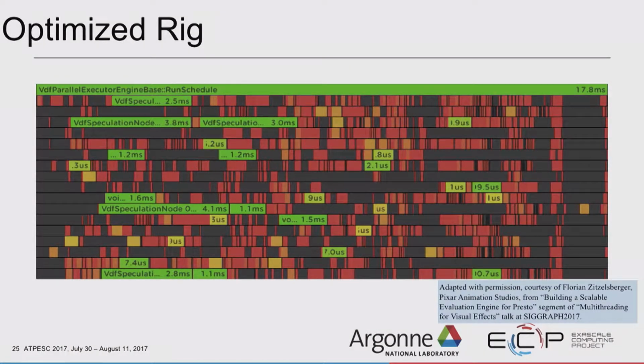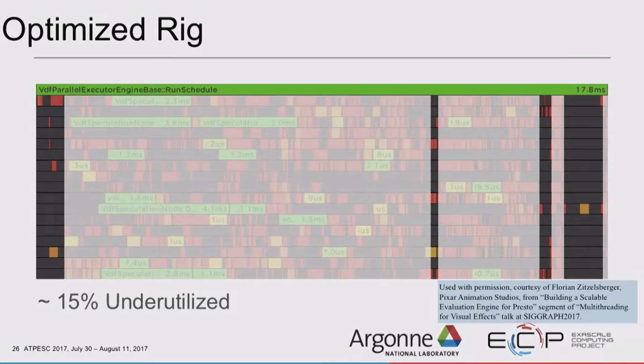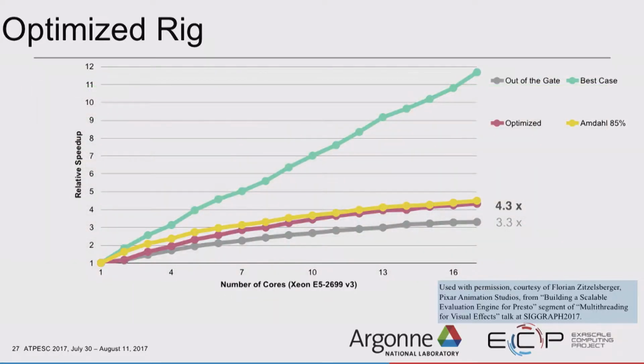After a little bit more work, which was discussed in this class, on what they were doing differently in the rigging by optimizing it, the parallelism went up to about 85%. You can still see there are some bands over time where the parallelism isn't that great, but the program suddenly leaps to 4.3x performance, which tracks Amdahl's law at 85% parallelism very closely.